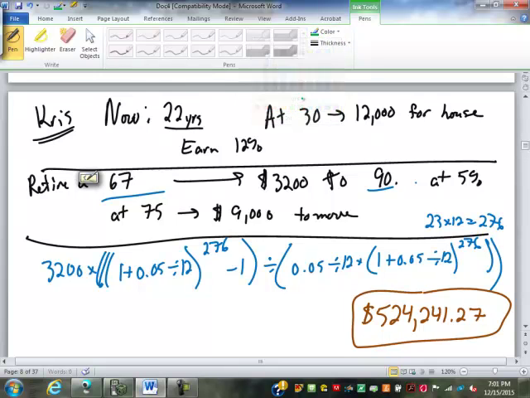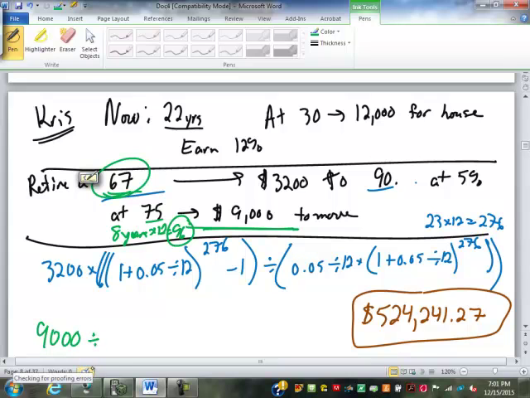Next, we need to deal with the $9,000 to move. How many years after 67, after retirement, is that going to be used? Well, 67 to 75 is 8 years times 12 is 96 months. So it'd be 9,000 multiplied or divided.